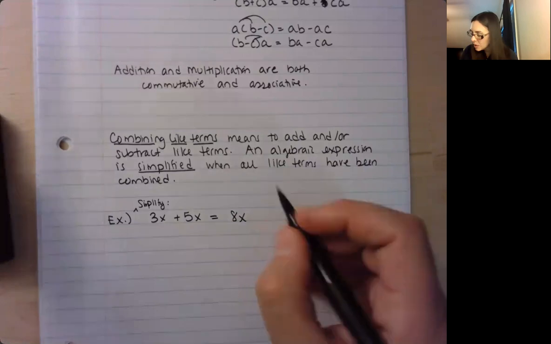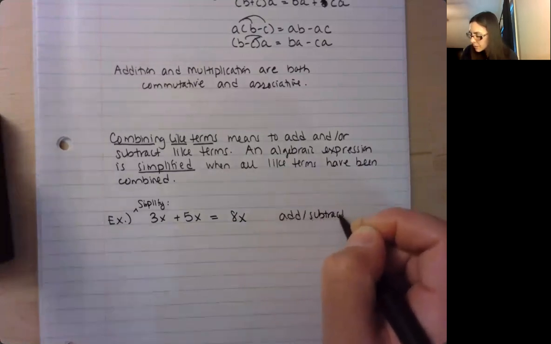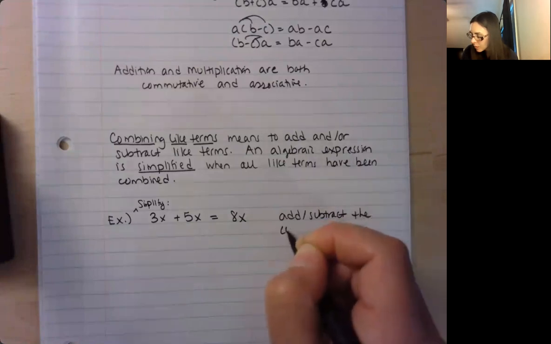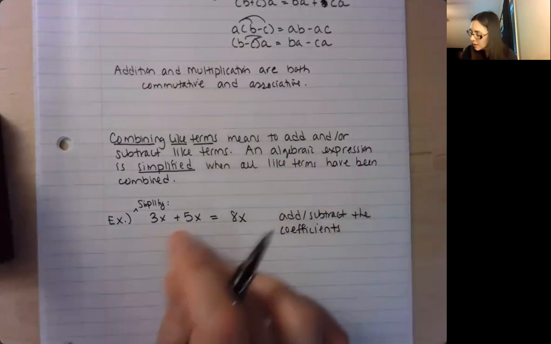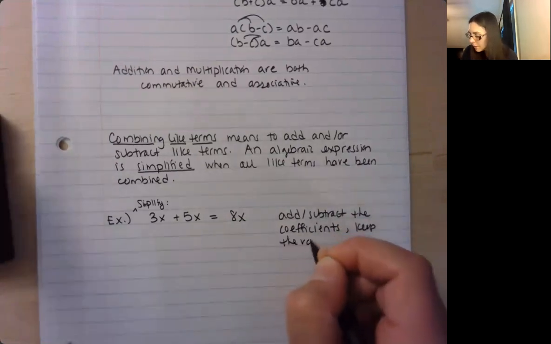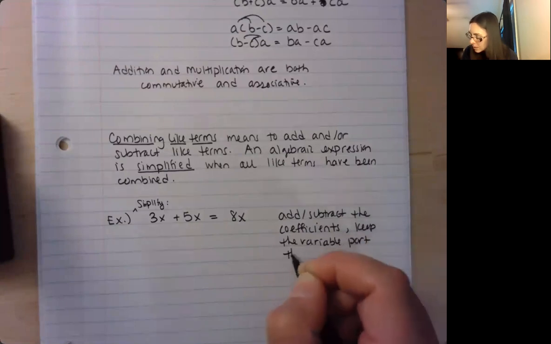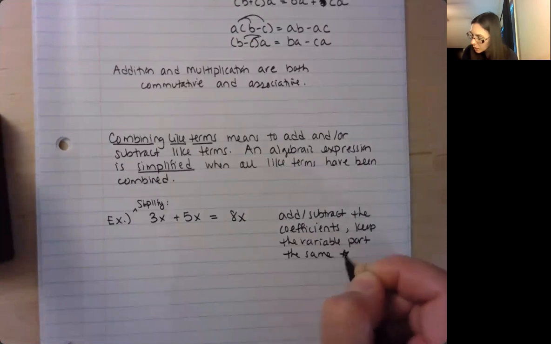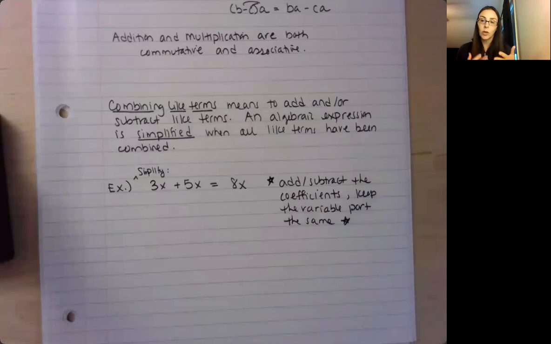So what happens is you add or subtract the coefficients, which are the numbers out front, and then you keep the variable part the same. So when you see simplify, when you see combine like terms, when you see add or subtract, that is what you're doing.